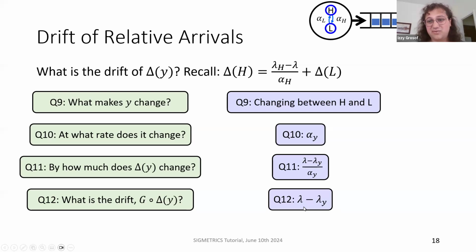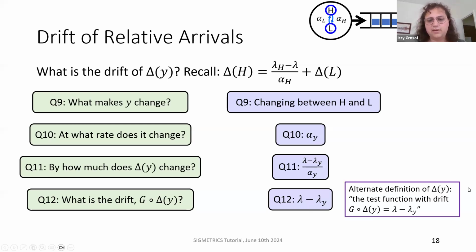This is actually just what we want because, and we're going to see exactly why it's so useful in just a moment. Actually, you can think of delta y as just being the test function with drift lambda minus lambda y. That's really what we end up using it for, is that it's got this drift. So that's the inspiration for delta y. That's actually how we derived it in the first place.